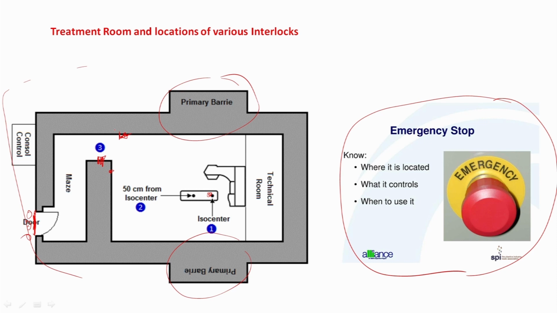So there are multiple emergency switches, like two emergency switches on a couch, emergency switches on a machine here and here, then here, here, and here, and then an emergency switch on a console.